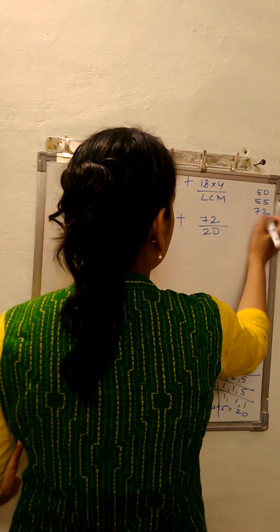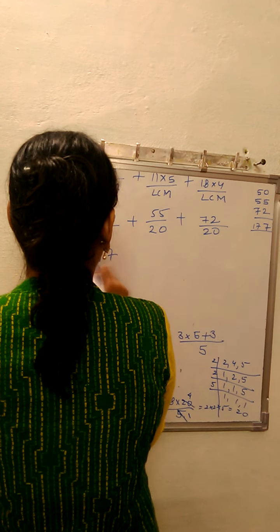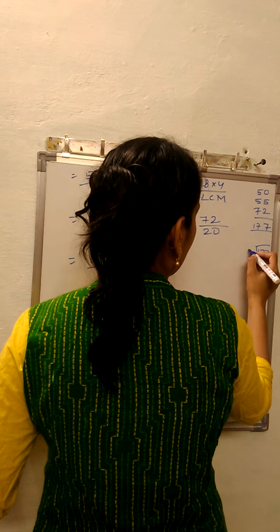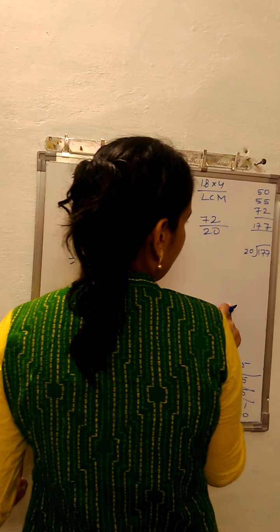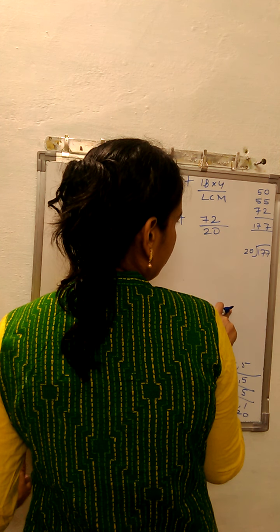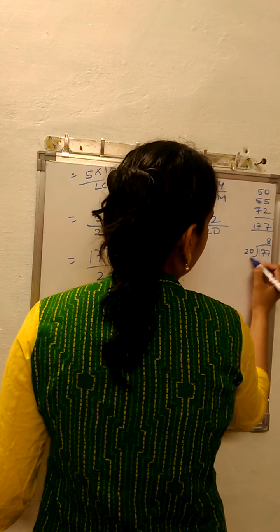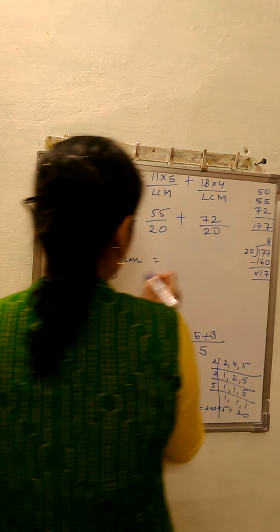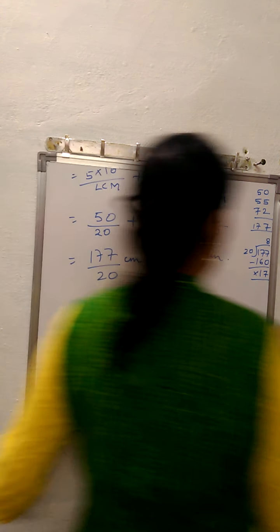On this side we'll write 177 upon 20 centimeter, or you divide 177 upon 20. So it will be 8 and 17 upon 20 centimeter. This is the first one.